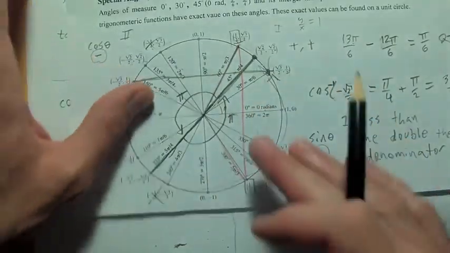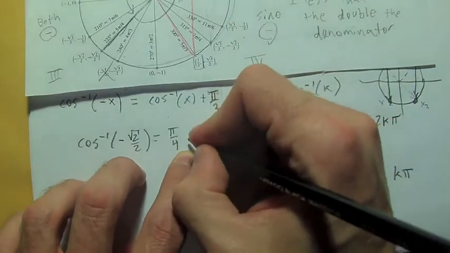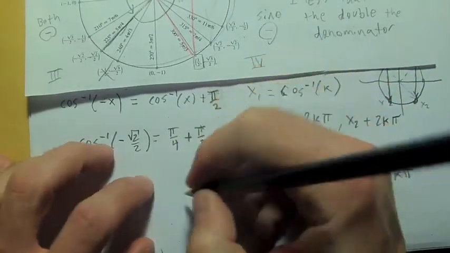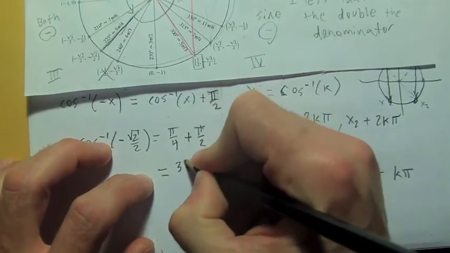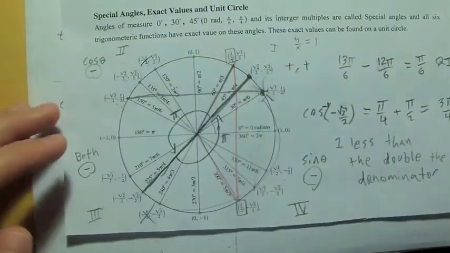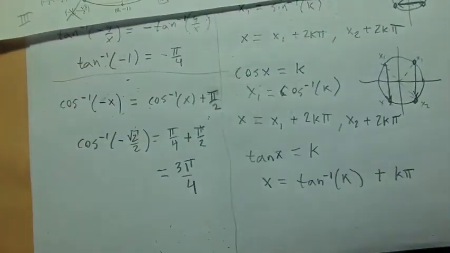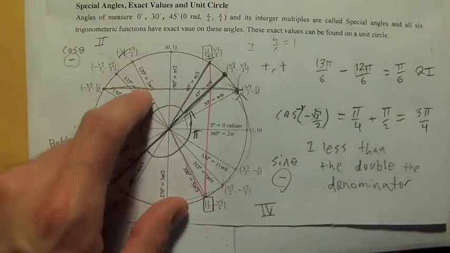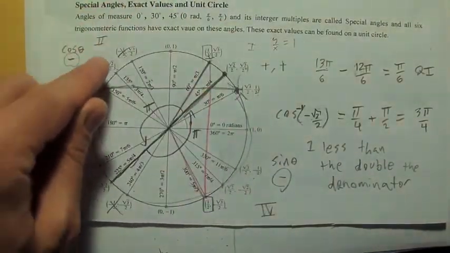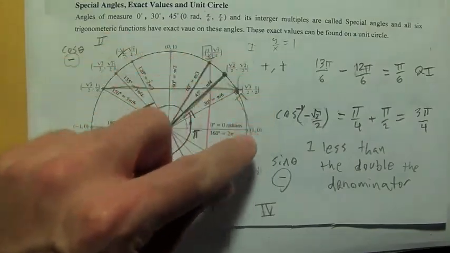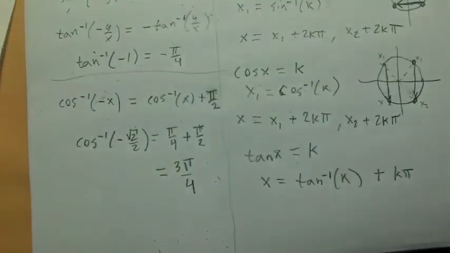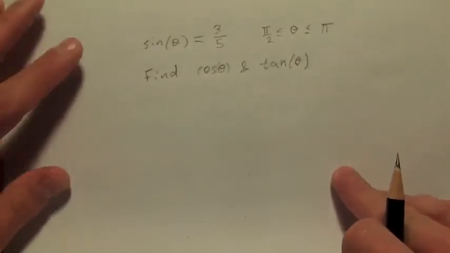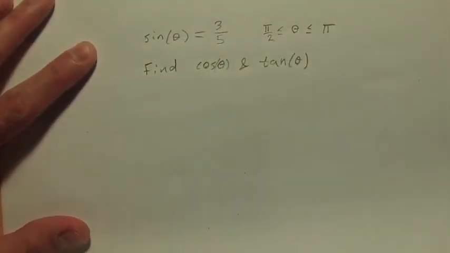Now if you don't remember that, if I just take pi over 4 and add pi over 2, this is 2 pi over 4, what you'll end up with is 3 pi over 4, which is actually what we get here. Right, so that can actually help you out, or you can just use the unit circle and just remember you only can get angles here up top from cosine inverse. Okay, let's look at an example that kind of puts some more of this stuff together.